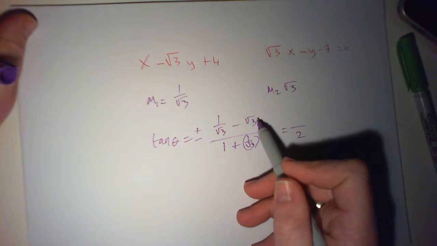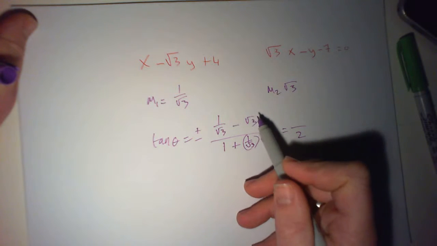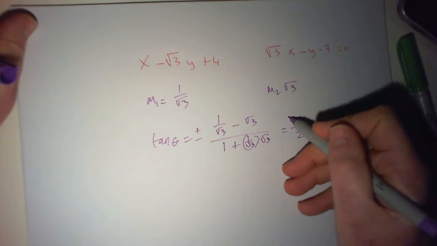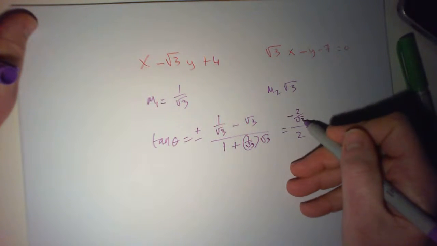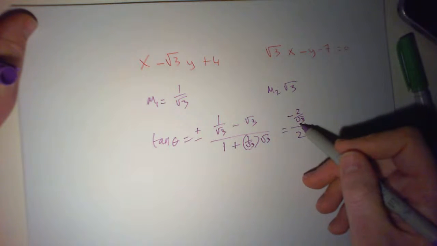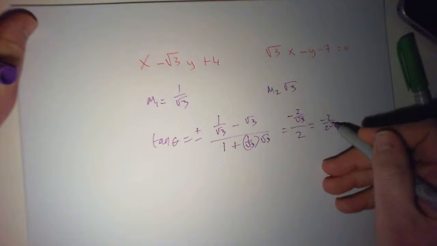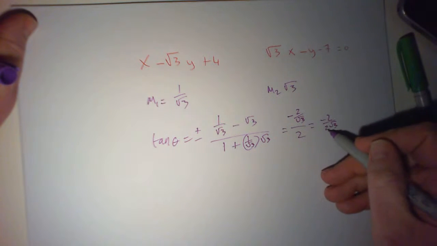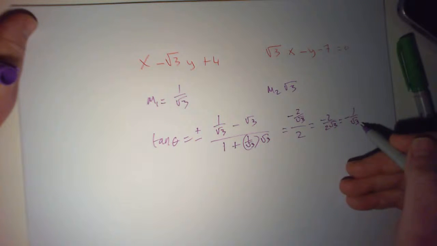So that's 1 minus 3 over root 3. 1 minus 3 is minus 2 over root 3, over 2. So that's going to be minus 2 over 2 root 3, which the 2s will cancel. Minus 1 over root 3.